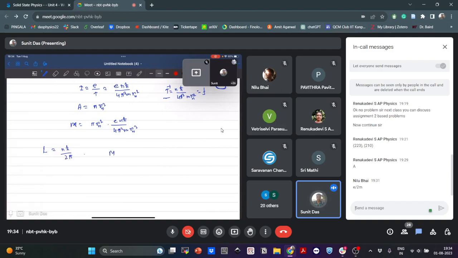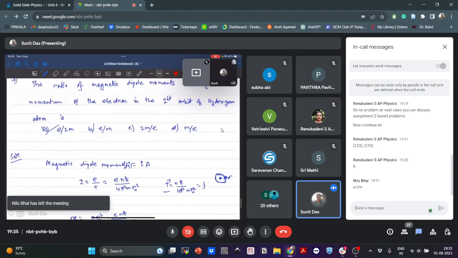So the ratio is M by L, and a few terms cancel and it comes out as e by 2m. So e by 2m, option A, is the right answer.